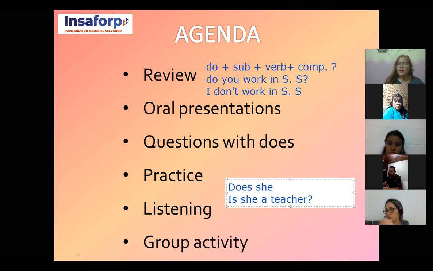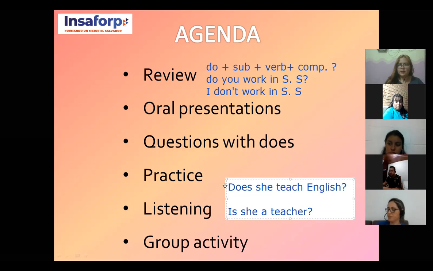In that case. But let's say that the question is, ¿enseña ella inglés? ¿Da clases de inglés ella? Ahí hay un verbo que sería teach. So, does she teach English? Look. Does she teach English?